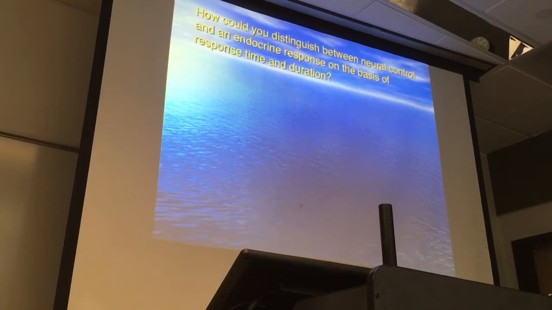It's released quickly by the neurons and then goes into the bloodstream from the adrenal medulla and lasts a while. Not long, but a lot longer than those neurons can fire. That's one where we have both. Are there other examples? I'd have to think about that. Okay?